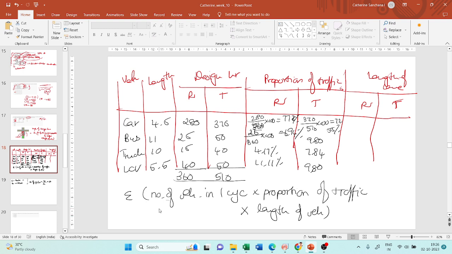Now in the equation you have the number of vehicles in one cycle, but what they've given you in the question is the number of vehicles in 1 hour.